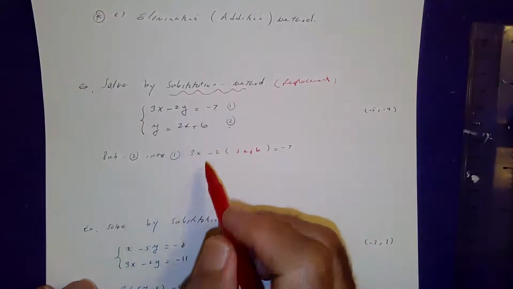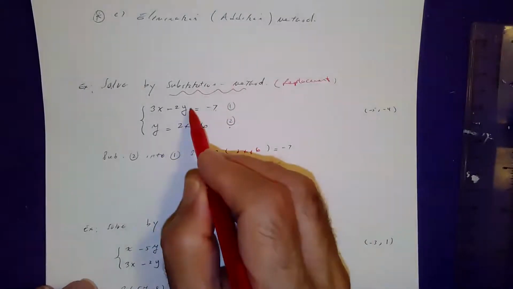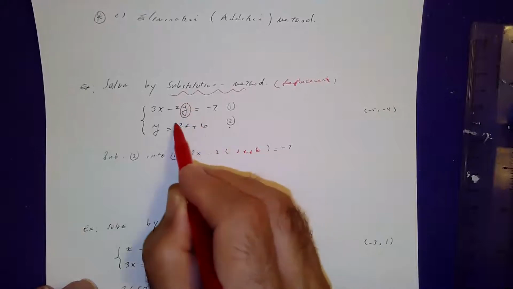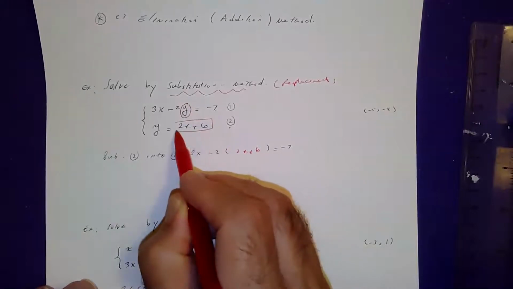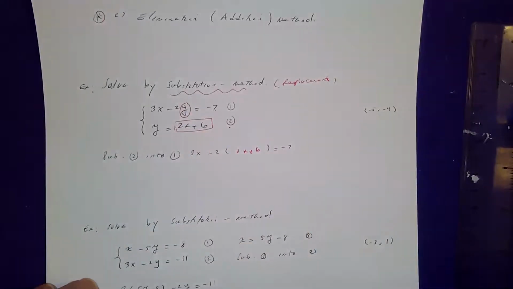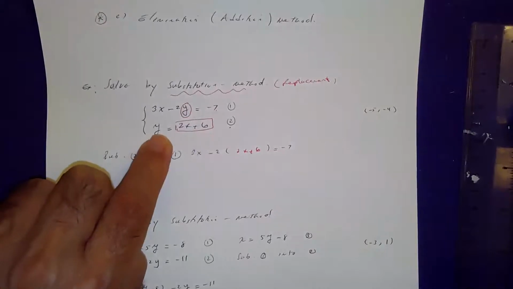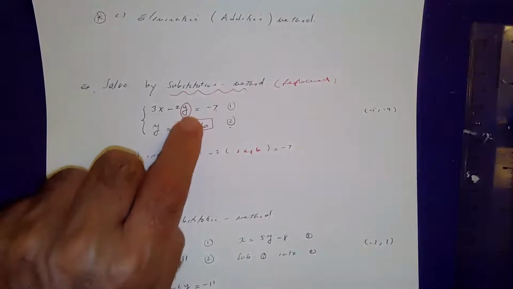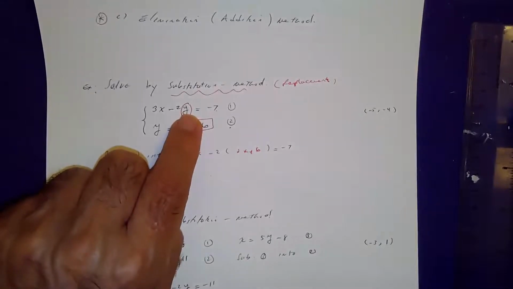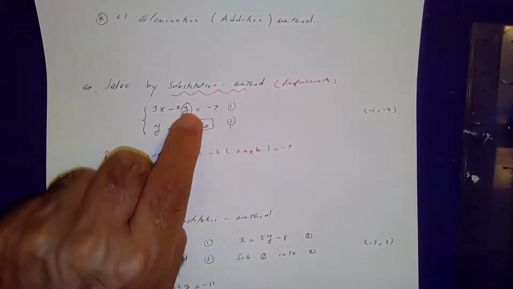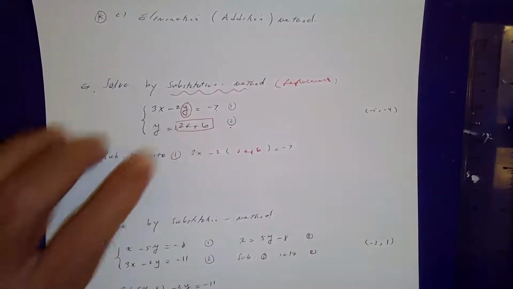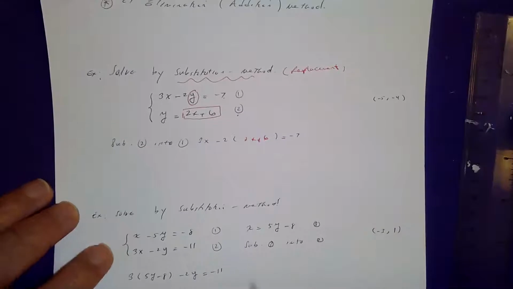What does that mean? I'm going to go to equation number 1, right? Wherever I see y, I'm going to replace it with what? 2x plus 6. Because in equation number 2, y happens to be equal to 2x plus 6. Or put it this way, go to equation number 1 and replace the y with 2x plus 6, or substitute. When you do, you get this.